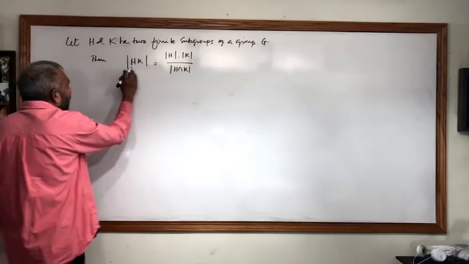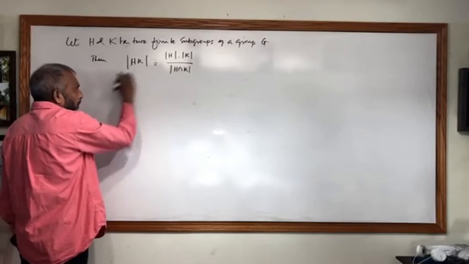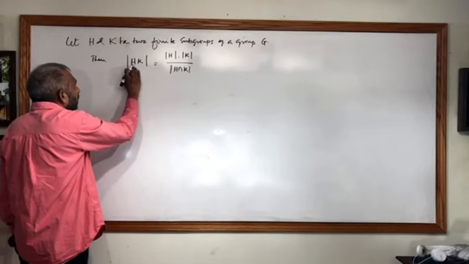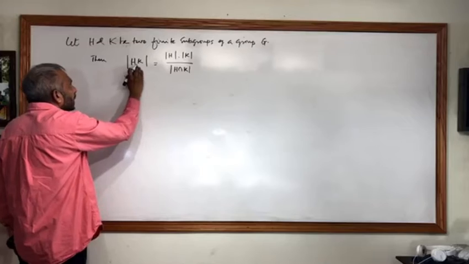This, by the way, does not need to be a group. This is what I mean by this one, it's the number of elements in HK.